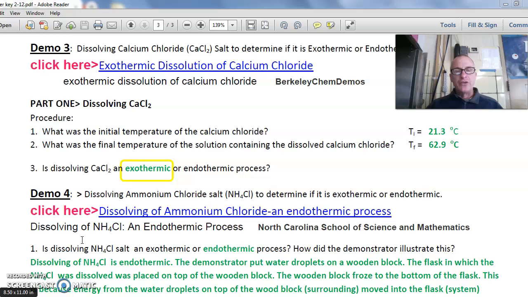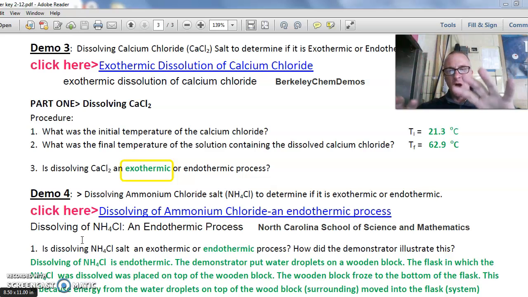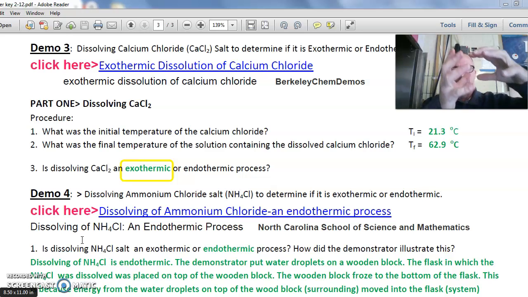Once the salt is pulled apart, those salt ions are free to move around the water. The negative ion in the salt is attracted to the hydrogens on a water molecule. The positive ion in the salt, the cation, is attracted to the oxygen on a water molecule.